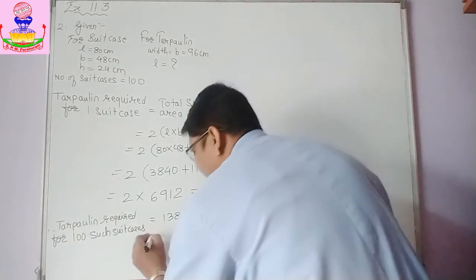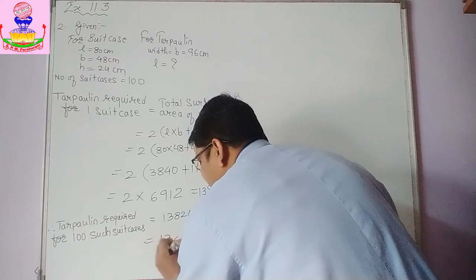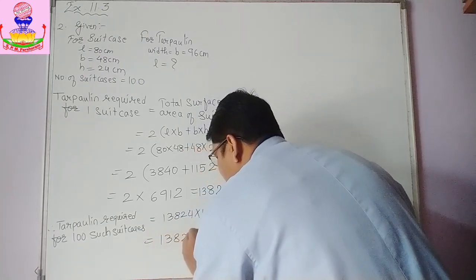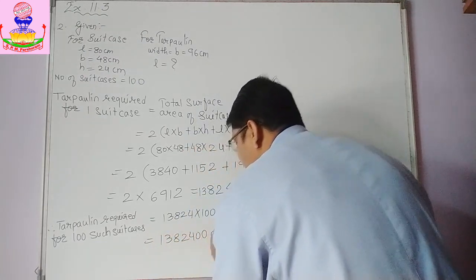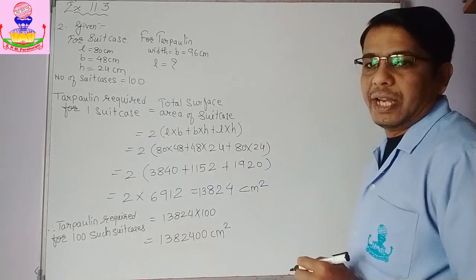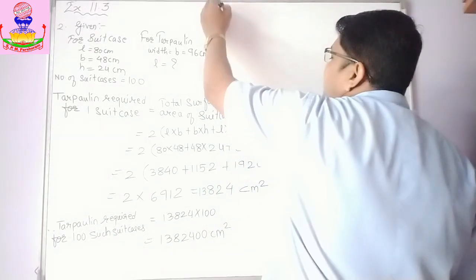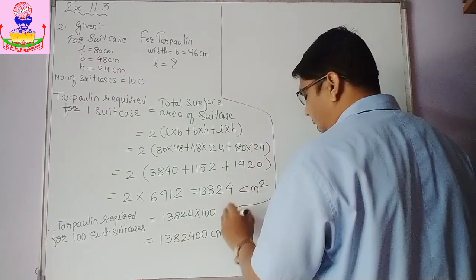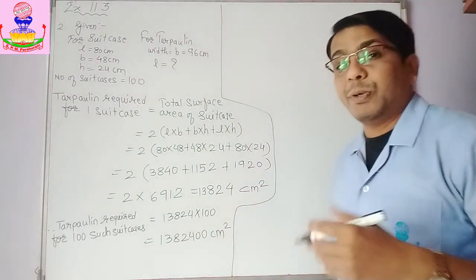So that is equal to 1382400 centimeter square. Now we want to find how much tarpaulin is required.